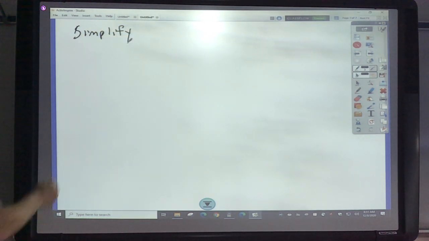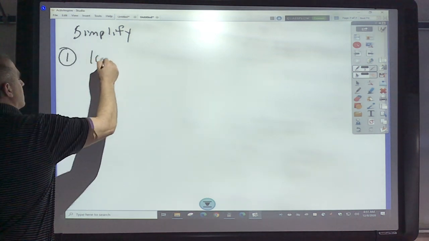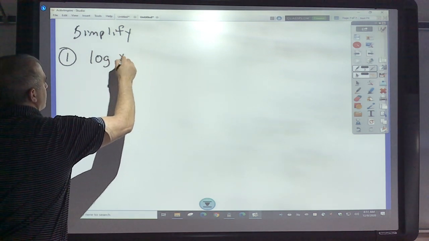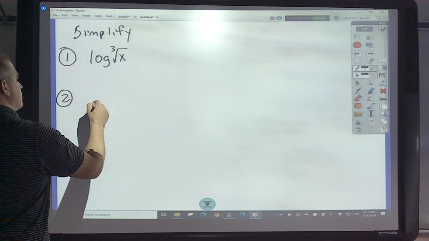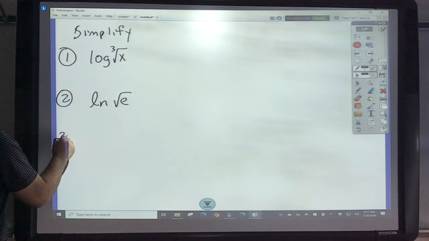Let me give you a couple of these. Let's say log of the cube root of x. Let's say natural log of the square root of e.